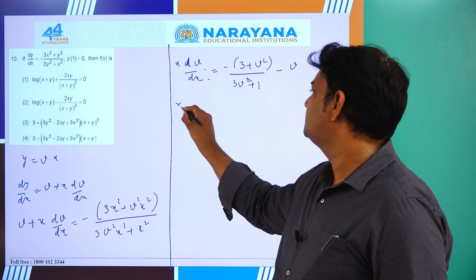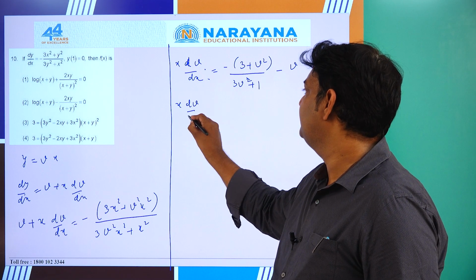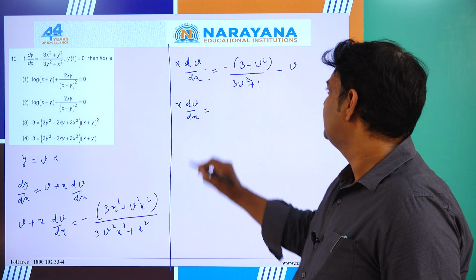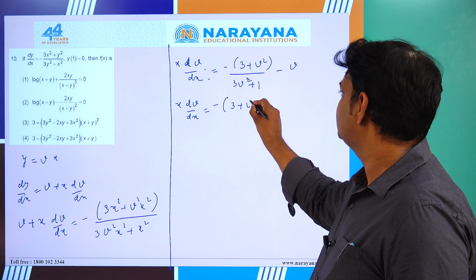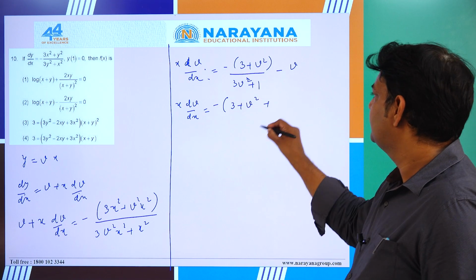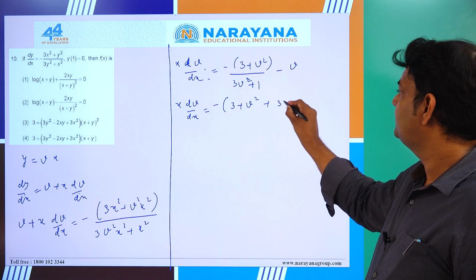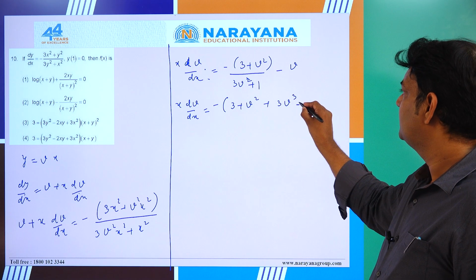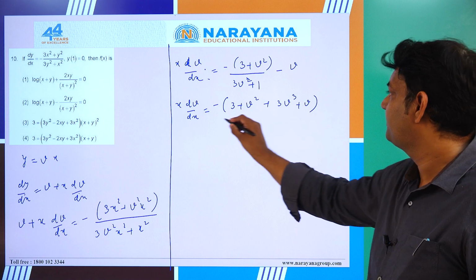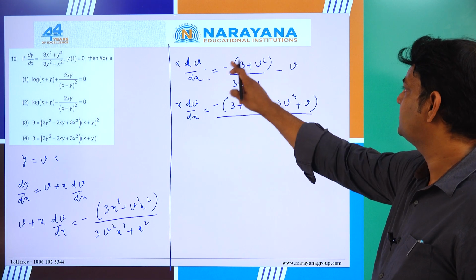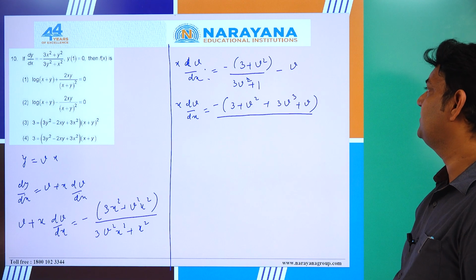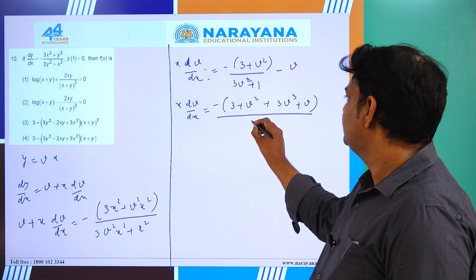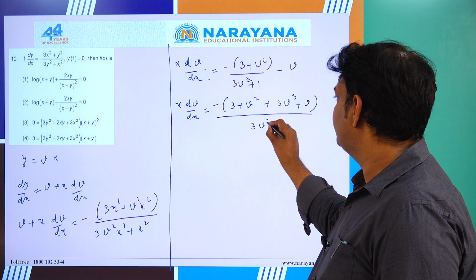That is x dv by dx is equal to minus, if we take common, 3 plus v square plus 3v cube plus v, by 3v square plus 1.